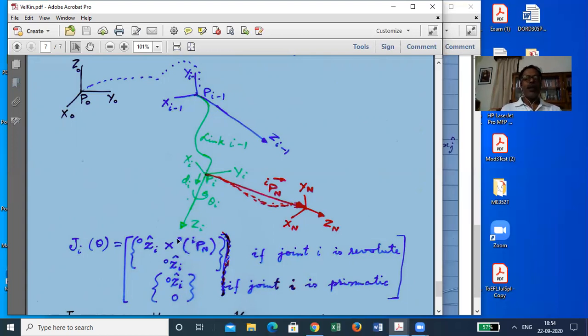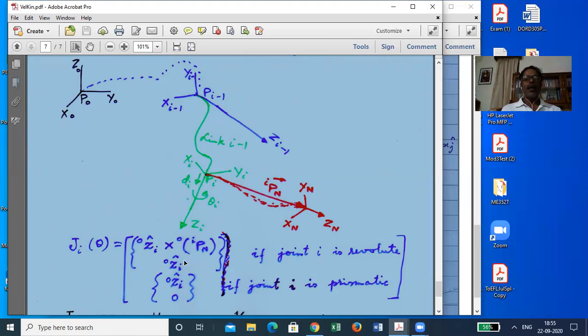However, both of these vectors need to be expressed in the base frame. That will be the linear velocity. See, this is a unit vector because you are giving a unit input. So if this is the revolute joint, then this will be the linear motion of this point and the angular motion of this frame.